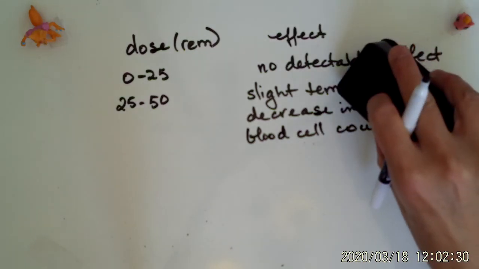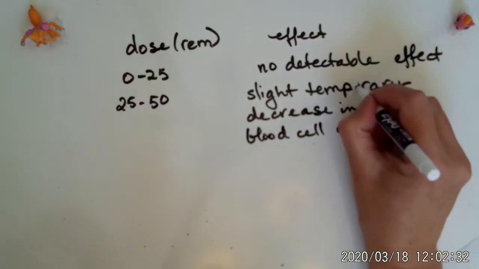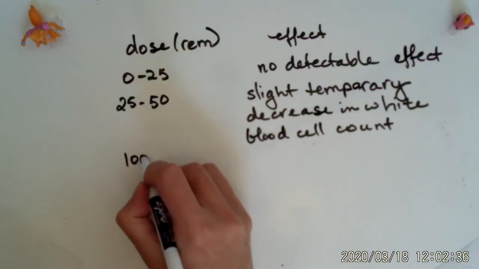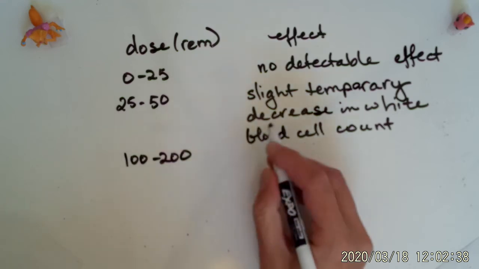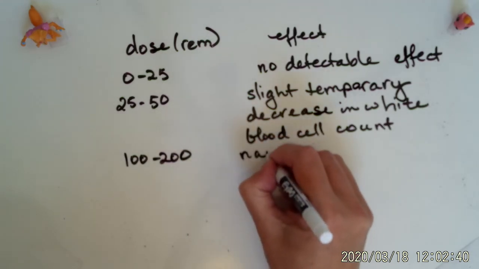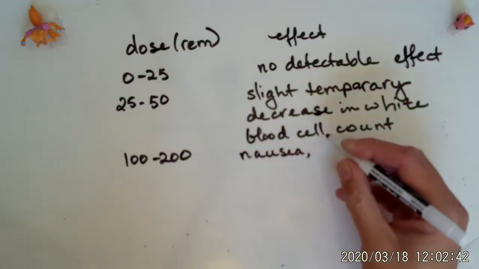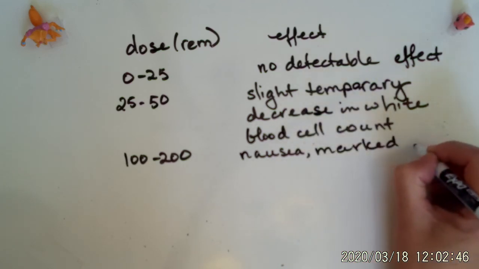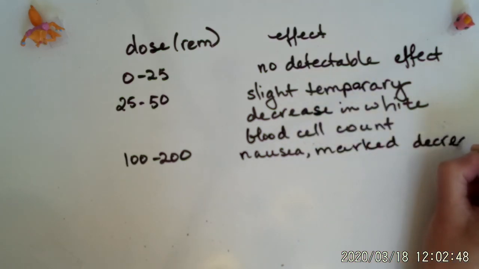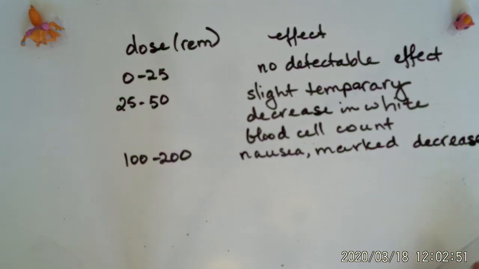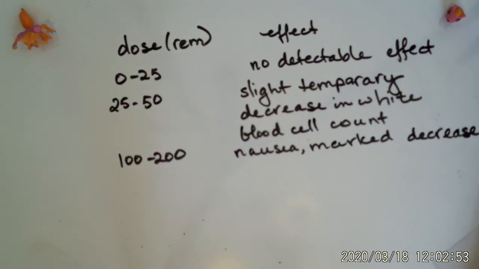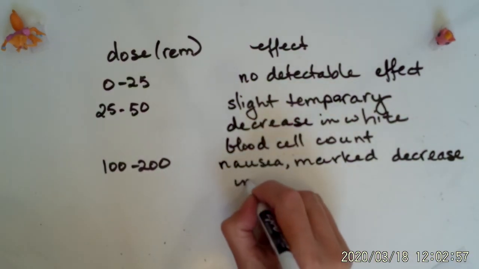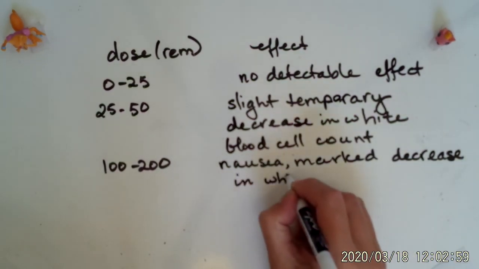If I go from 100 to 200, these patients exhibit nausea and a marked decrease in white blood cell count.